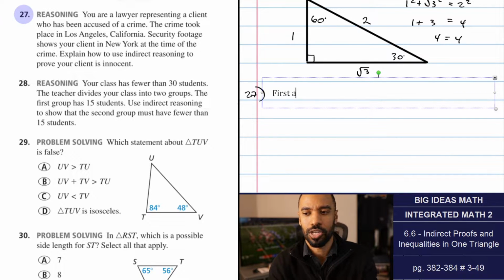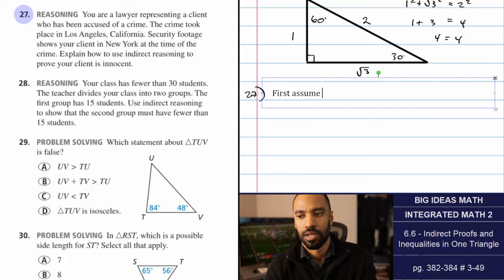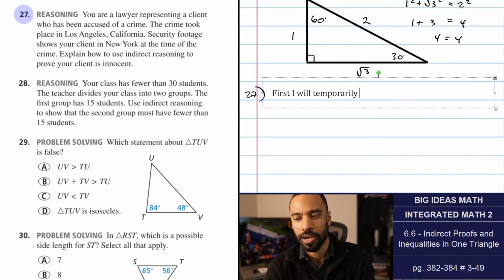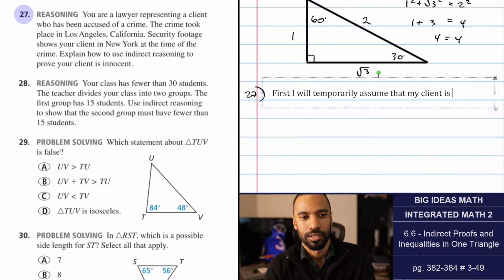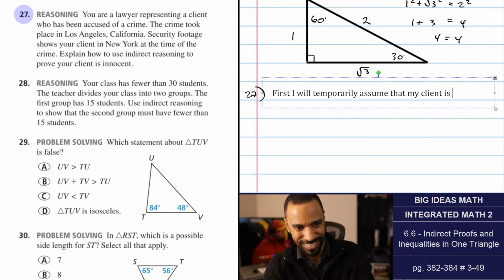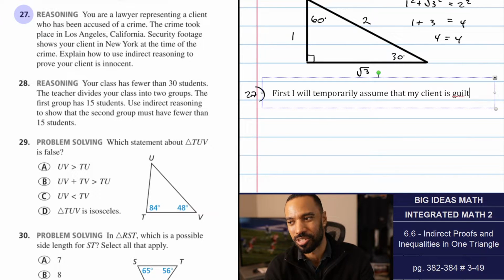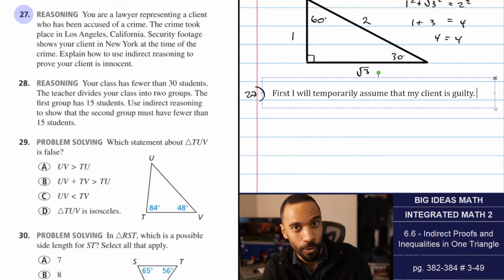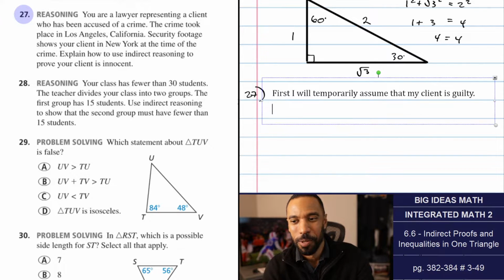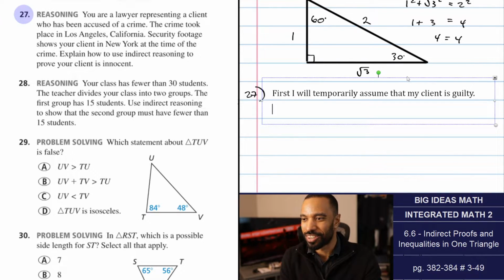First, I will temporarily assume that my client is not innocent. You don't prove innocence, you prove not guilty. So I'm going to say guilty. First, I will temporarily assume my client is guilty. I don't think you want to say that in court because suddenly they're like, aha, you admit that they're guilty.